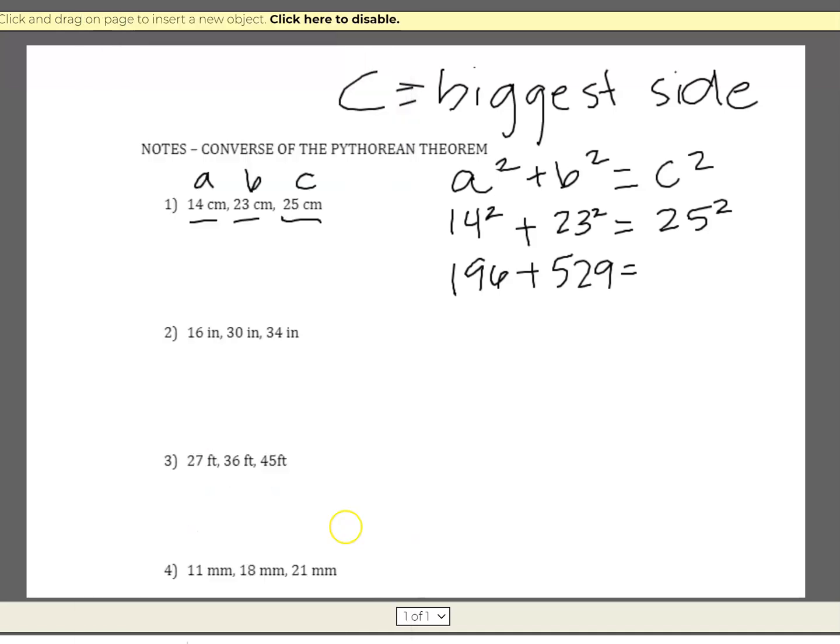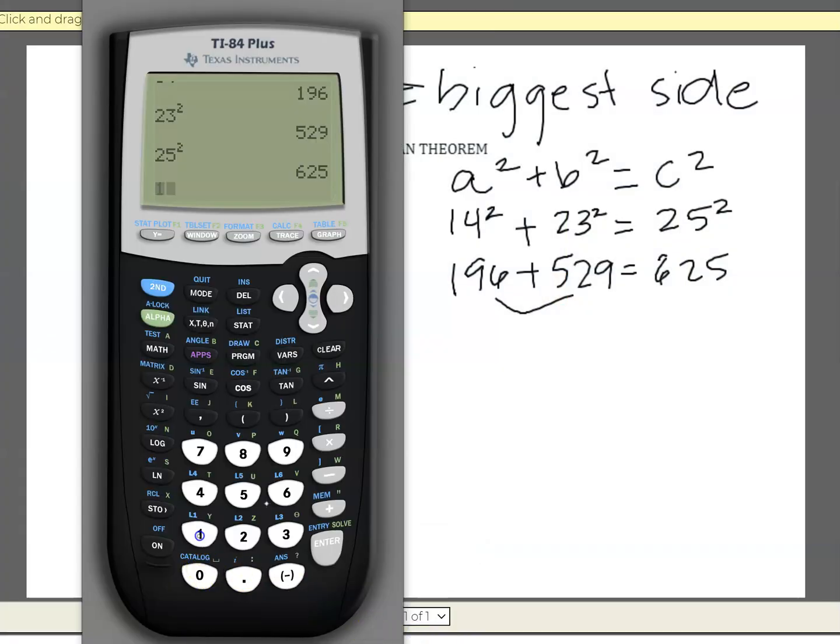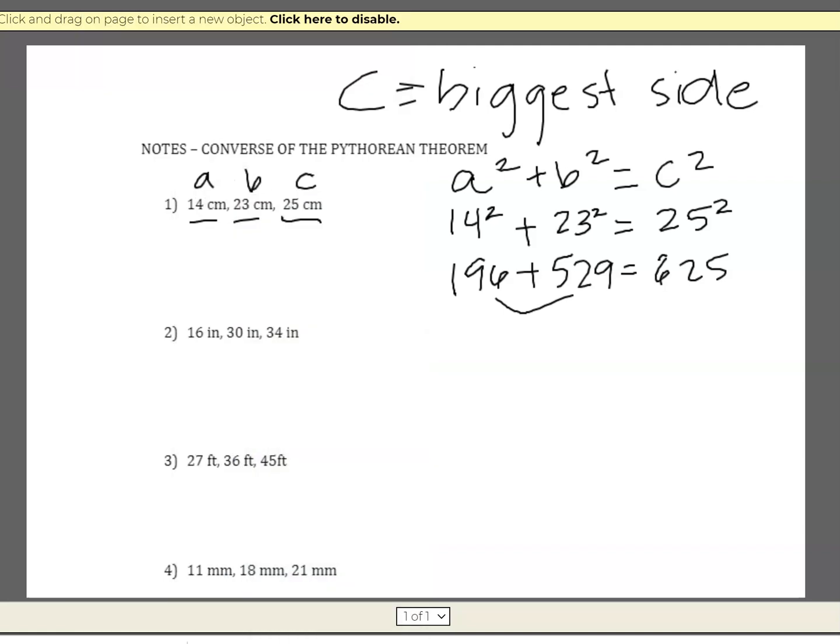Alright, so 625. So then you have to add these two numbers, 196 plus 529, 725. So 725, does it equal 625? No, it does not. So this is not a right triangle.